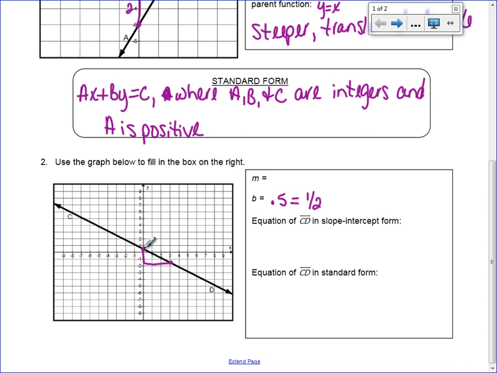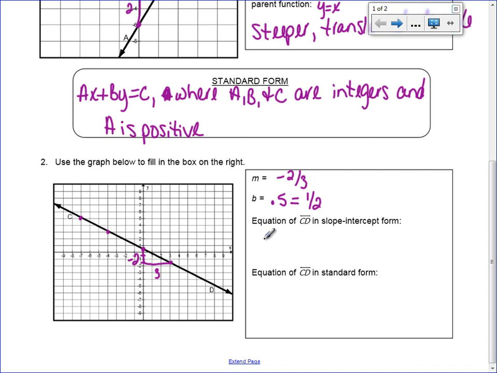Well, I went down, and since these are in the middle, I have to count halves, so I went down, to the middle here is 1, and to this middle here is 2. So I went down 2 wholes and over 1, 2, 3. So my slope is going to be -2 over 3. And we can try that again. Let's see if from this point I go down 2 and over 1, 2, 3, I end up at a point on the line. So that works. So I have my slope and I have my y-intercept.